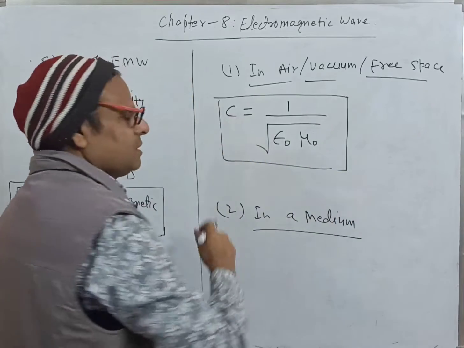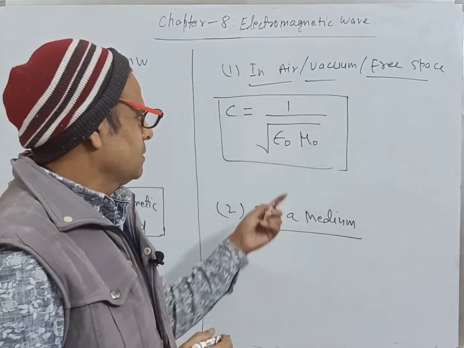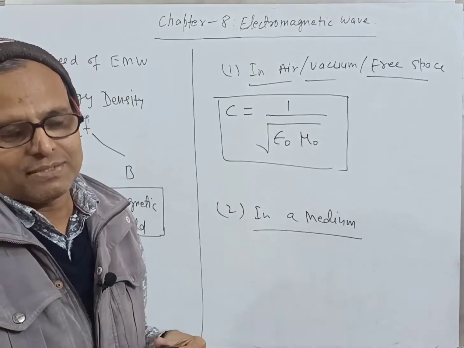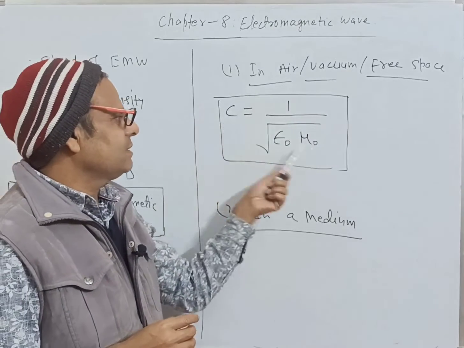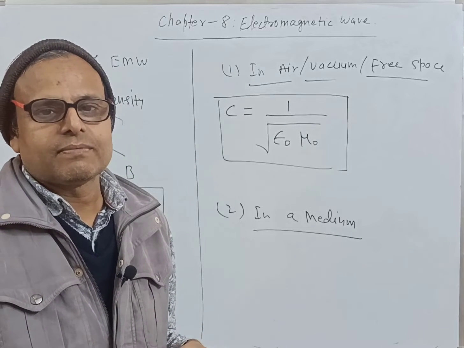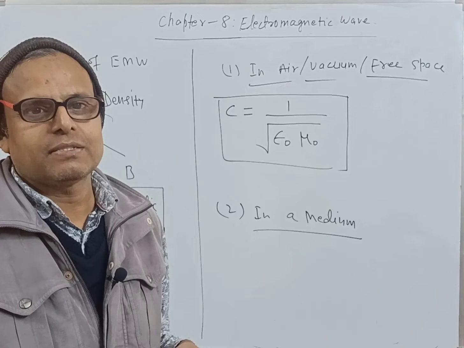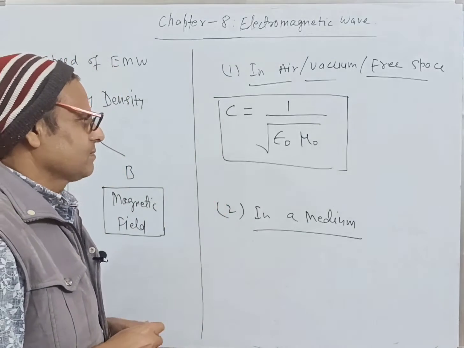You already know c is equal to 3 into 10 to the power 8 meters per second. So in air or in vacuum or in free space, this formula is very useful to find the speed of electromagnetic wave.